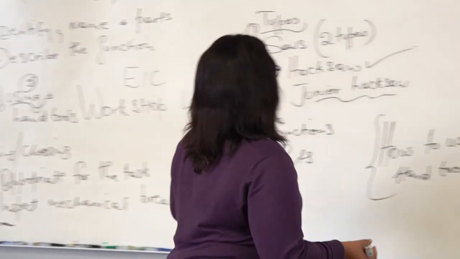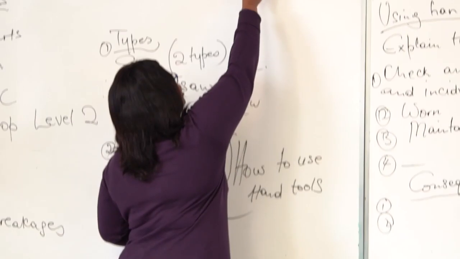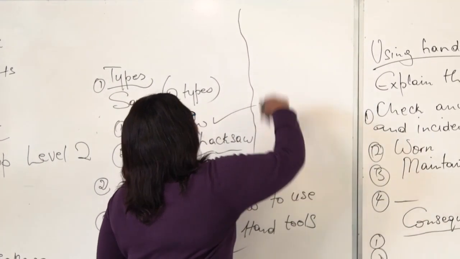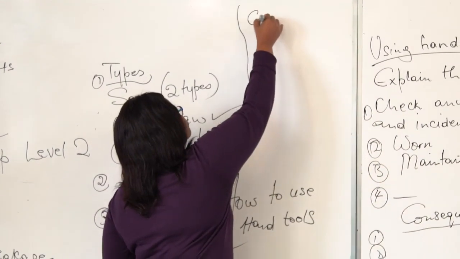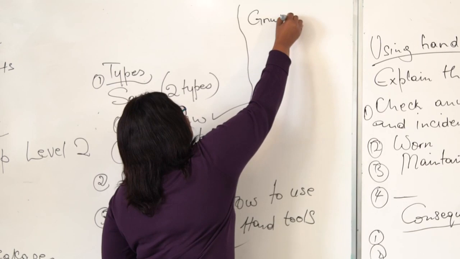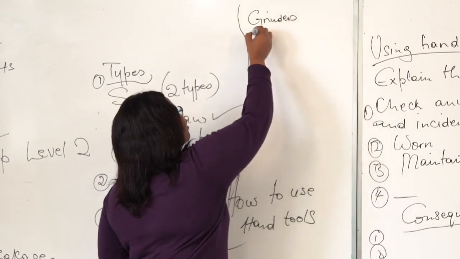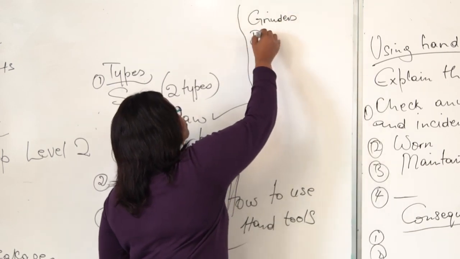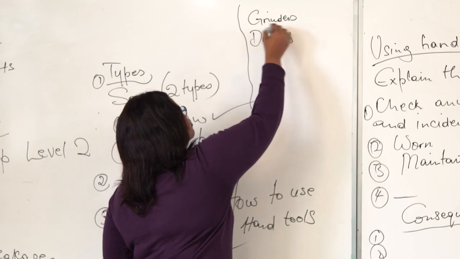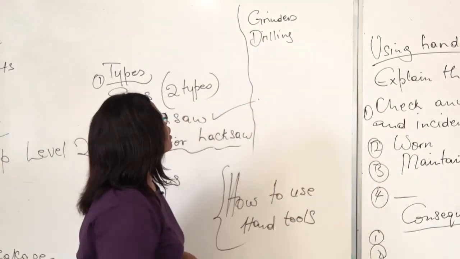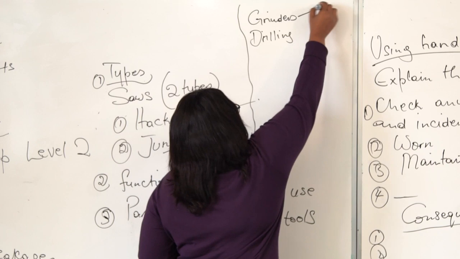The power tools, for example, if I can mention, we have the what? The grinders, the drilling machines. The grinders are in two.